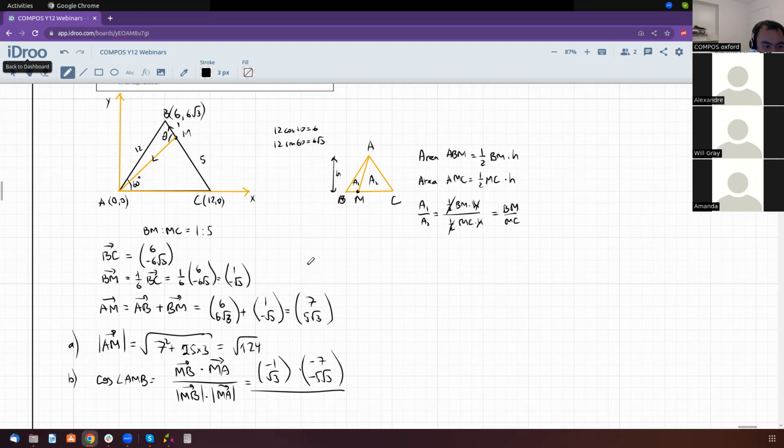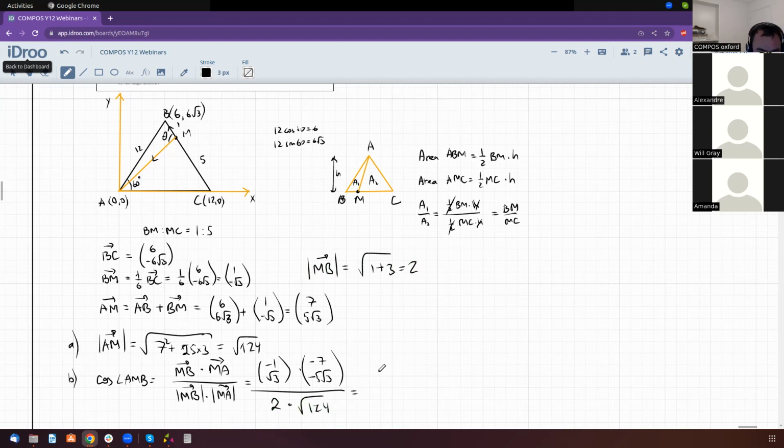Modulus MB is the square root of 1 plus 3, it's 2. Oh, well, yeah, it does make sense that it is 2. 2 multiplied by modulus MA, square root of 124.